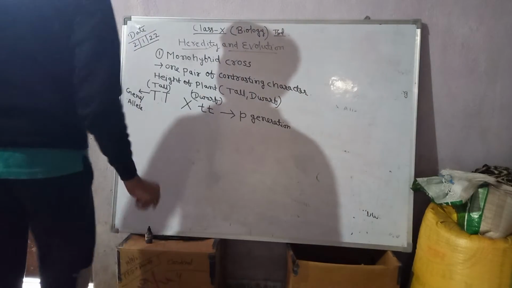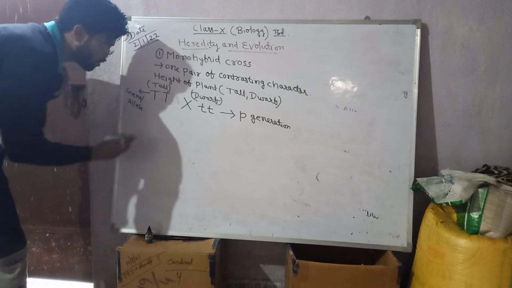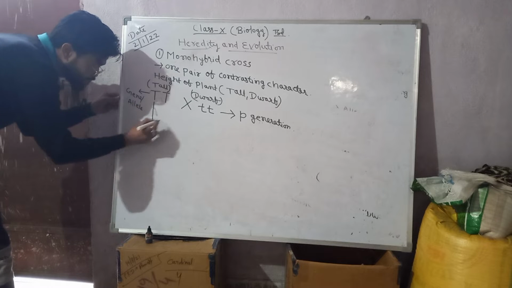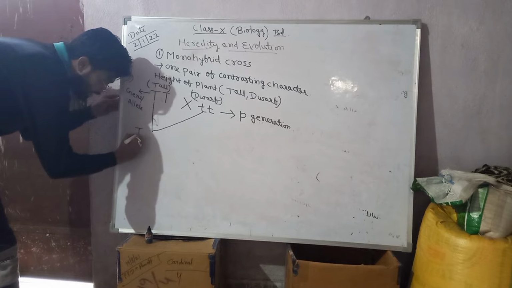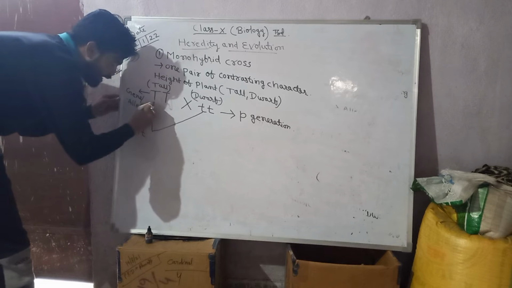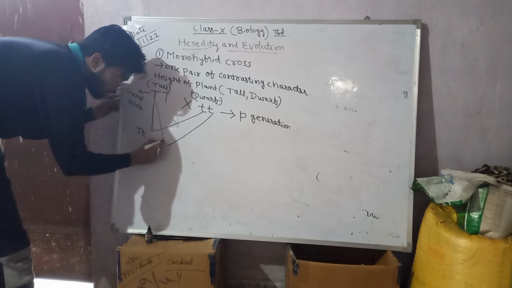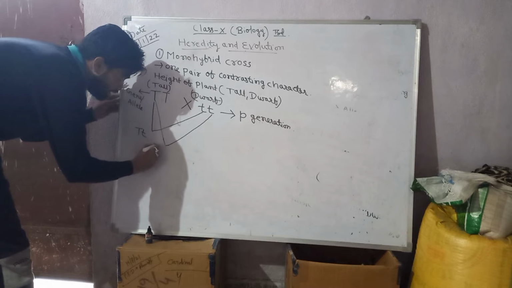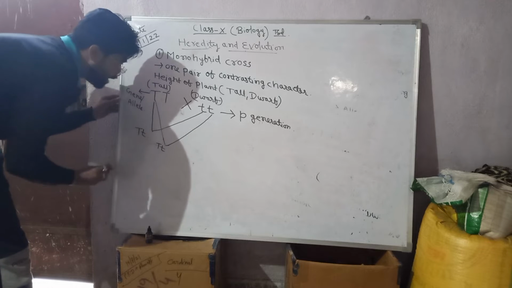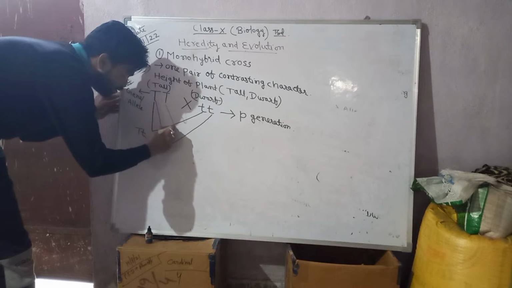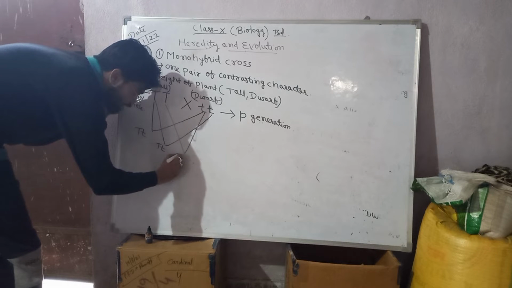Now my dear student, this capital T, capital T and small t, small t are crossed. Then what will happen? First this T and this T, so you obtain capital T, small t. Then again this first one and this second one cross, then capital T, small t. After that this second one and this first one, then capital T, small t.